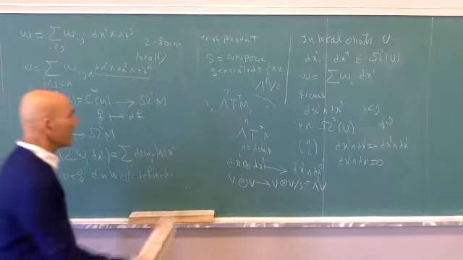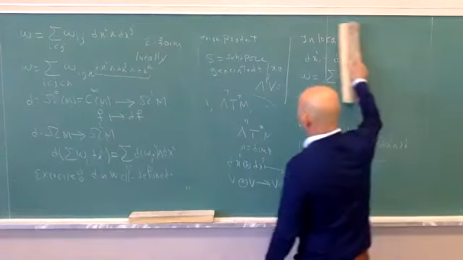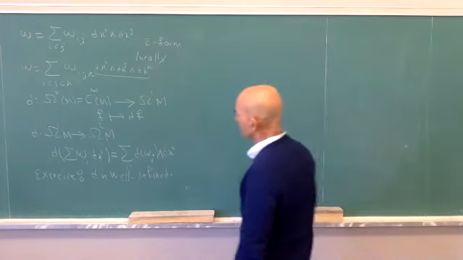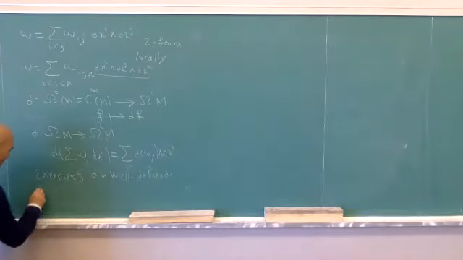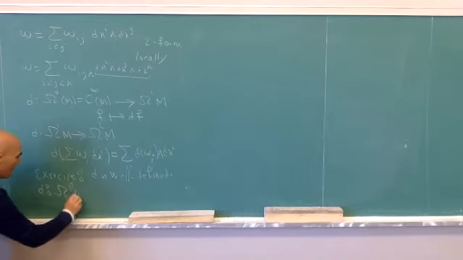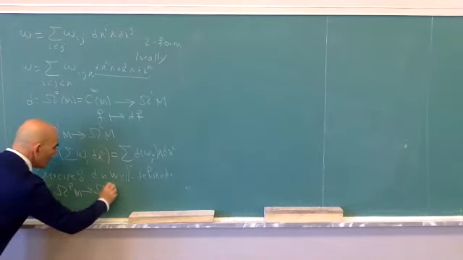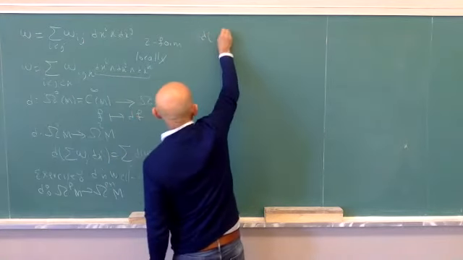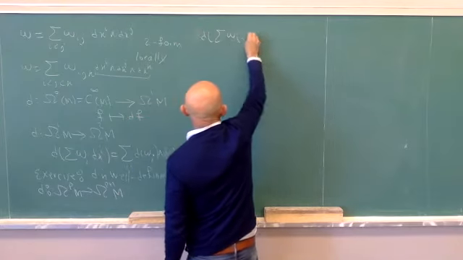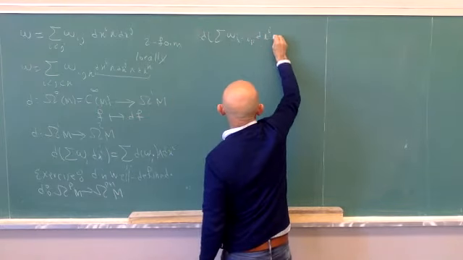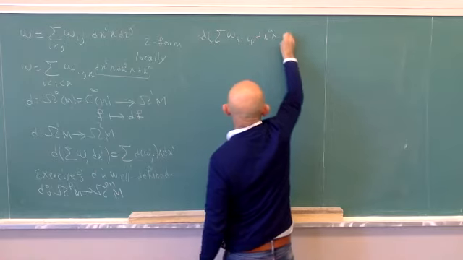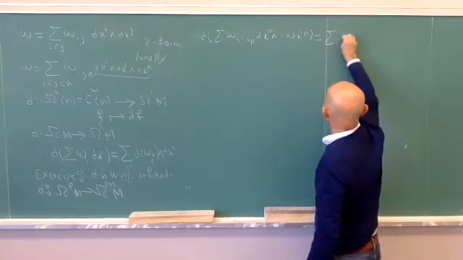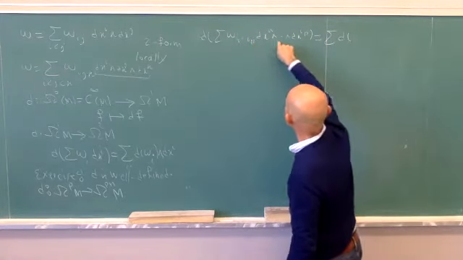So you can extend, by the same reasoning, D to higher forms. You can go from omega p to omega p plus 1. So D of the sum of omega I1...Ip dx I1 ... dx Ip, we just define as the sum where you apply D to create the one form, then multiply by the others.